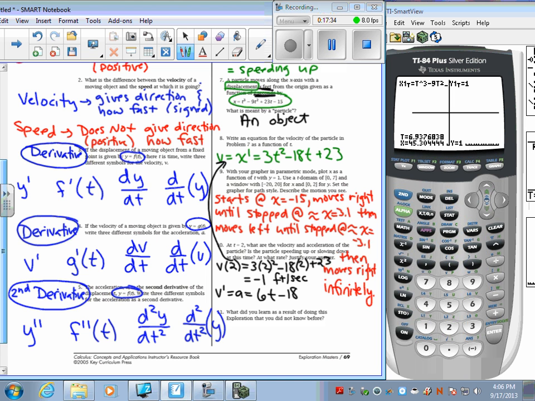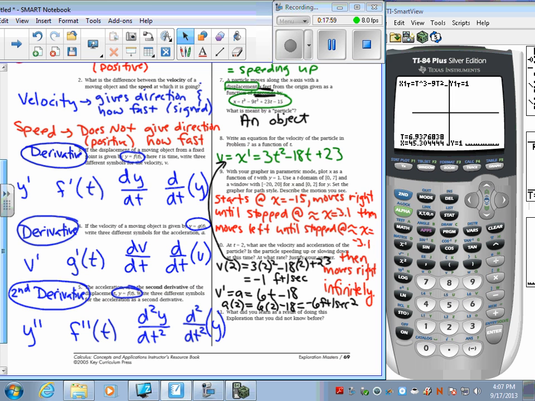Now I can find a at 2, which is 6 times 2 minus 18, which is negative 6, and the units for acceleration will be feet per second squared. So now I have my velocity at 2 is negative 1 feet per second. My acceleration at 2 is negative 6 feet per second squared. So is this particle speeding up or slowing down?